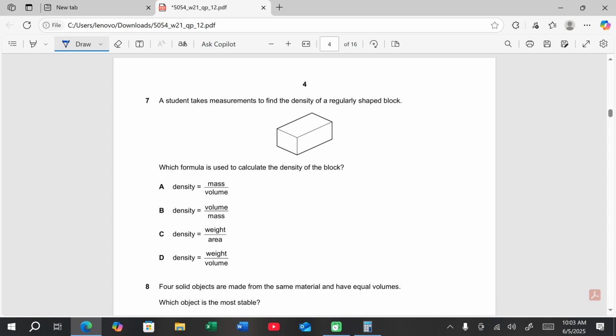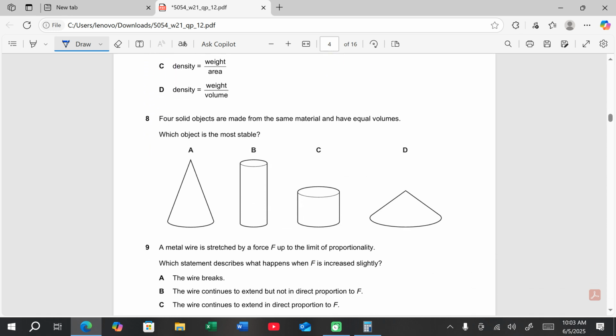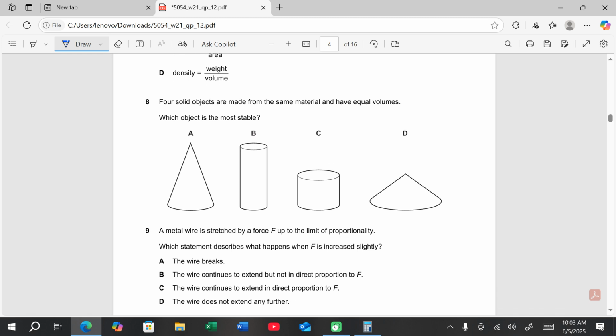A student measures to find the density of a regular shaped object, which formula is used to calculate the density of the block. Density is equal to mass over volume. You need to know this formula. 4 solid objects are made from the same material and have equal volumes. Which is the most suitable?